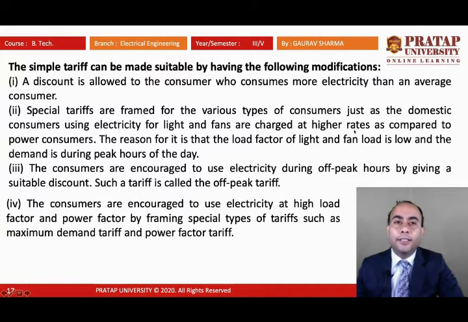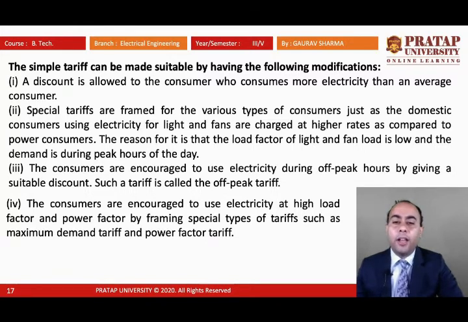Special tariffs are framed for various consumers, just as domestic consumers using electricity for light and fan are charged at a higher rate as compared to power consumers. Consumers are encouraged to use electricity during off-peak hours by giving a suitable discount, so we can give them a certain discount in their total bill.